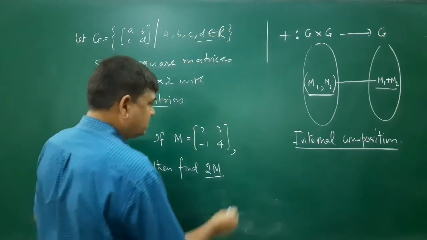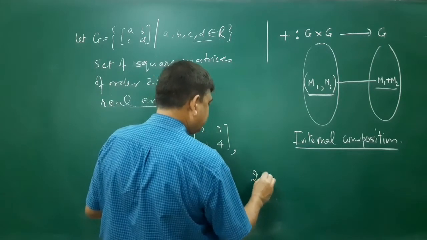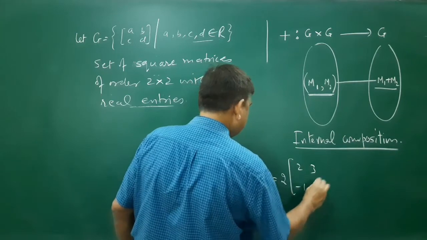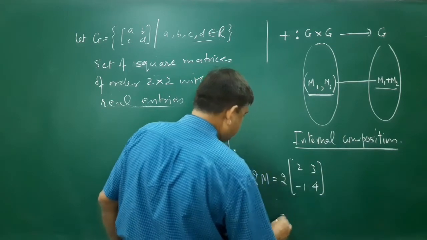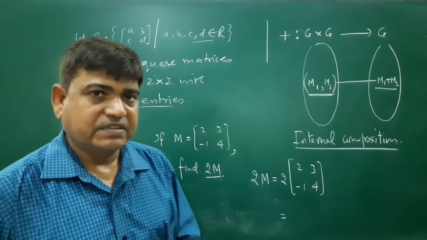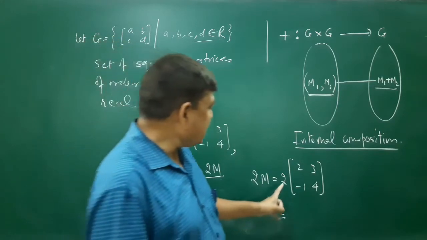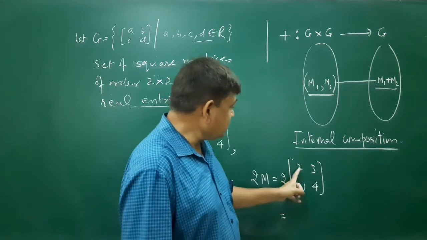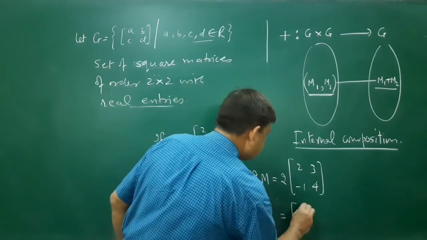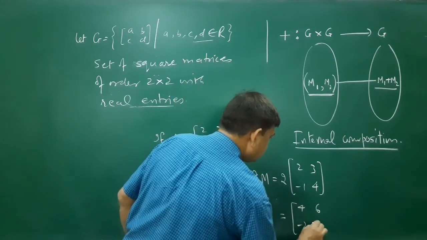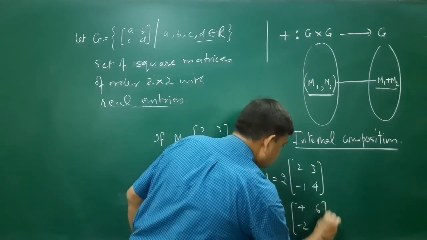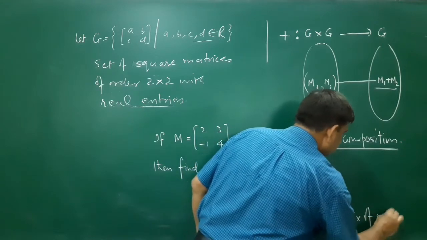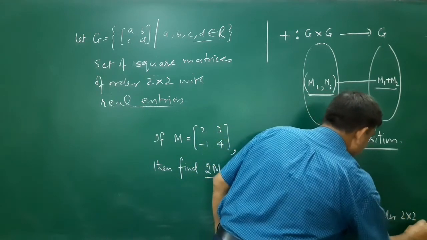If I write this, 2n means it is 2 times [2, 3; minus 1, 4], and you know how to multiply a number by a matrix. So you write it is 2 into 2, that is 4, then it is 6, then it is minus 2, and here it is 8. Again, this is a matrix of order 2 by 2.